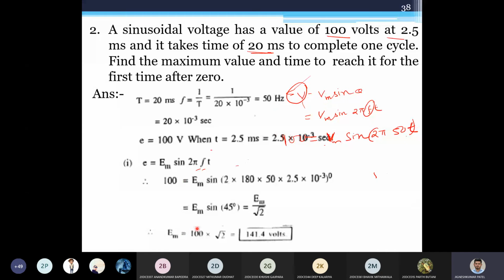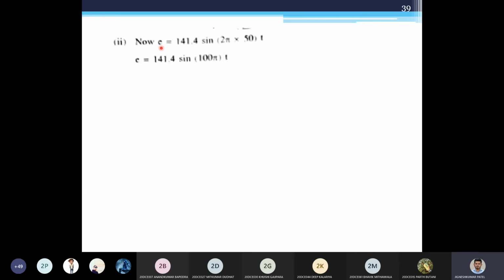The two things have different meanings, but as of now you can use them interchangeably. So E is equal to 141.4 into sine 2 pi into 50t. Why 50? Because we know 2 pi ft, and f is 50, which we have calculated. So we can say sine 100 pi t.